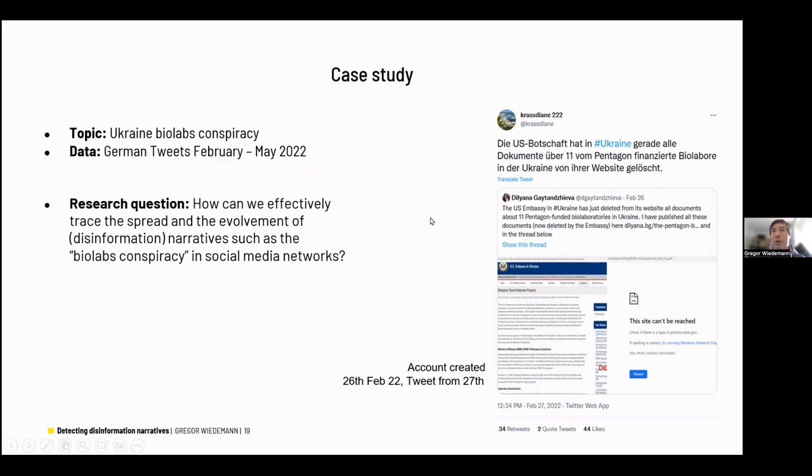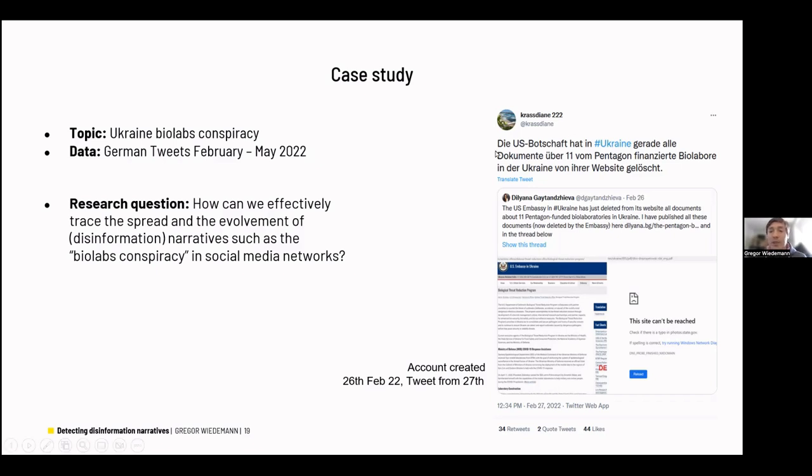One of the starting points of this conspiracy would be, for instance, this tweet, which we can identify as one of the earliest if we look for this topic in Twitter with the generic search. We see here a specific account tweeting that the US Embassy allegedly deleted important documents from their website, which reveal the existence of these 11 biological warfare labs in the Ukraine.